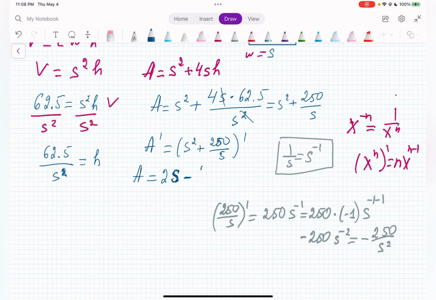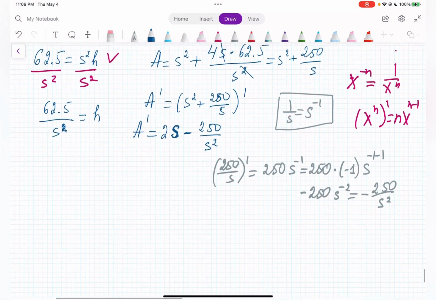2s minus 250 over s squared. Okay, now once we have it, we are going to take a derivative equals 0, to get the critical value, which is going to be the maximum or minimum. So 2s minus 250 divided by s squared equals 0.